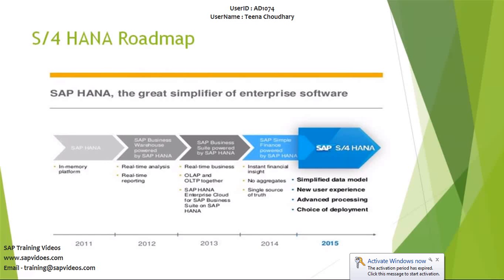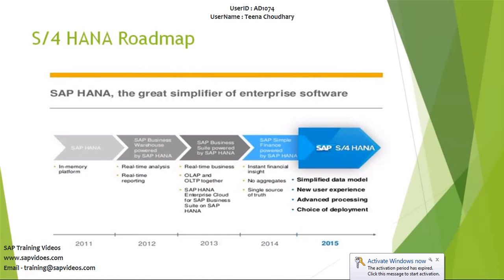And in 2015, last year, SAP launched 1503 in March 2015. This was again called SAP Simple Finance add-on, but within this add-on also there were different versions. This version was called 1503, and it only had Simple Finance in it.